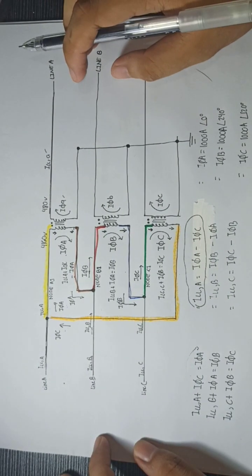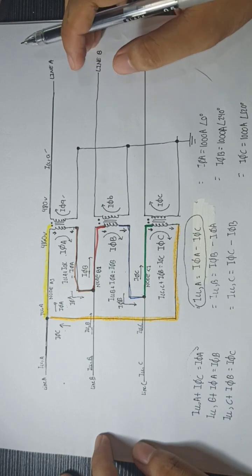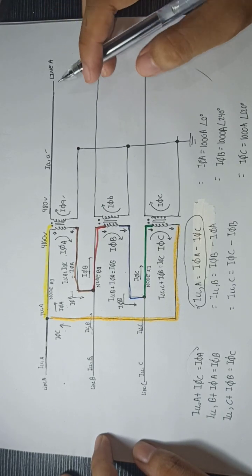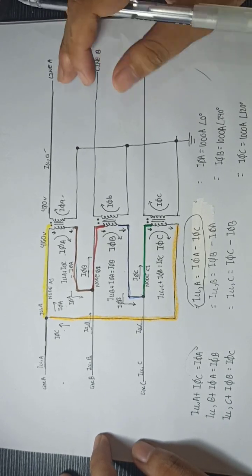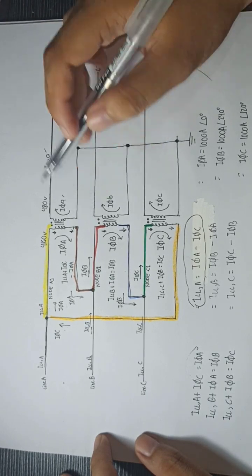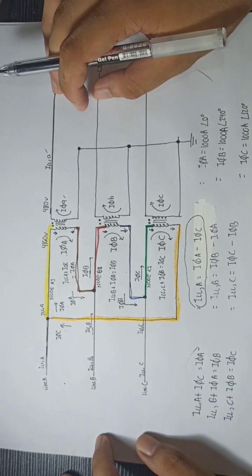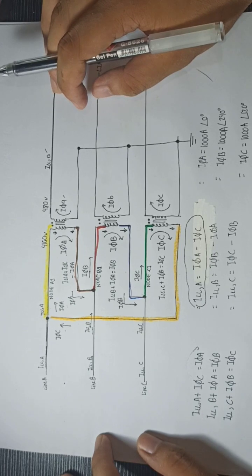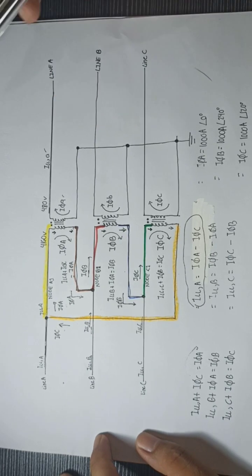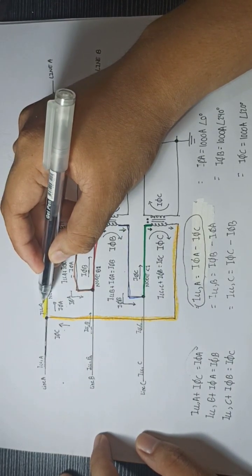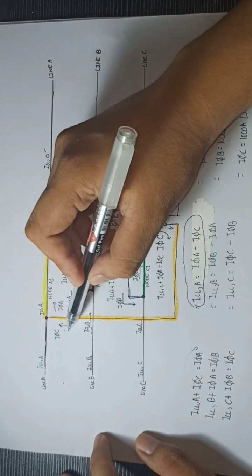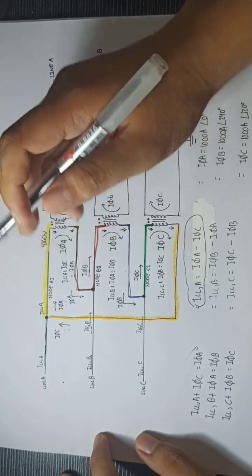So now we're going to draw these phasors. Remember, these phasors are just the currents that are flowing through the primary winding. Keep in mind that we're performing the phasor analysis because we want to relate this line current here with this phase current and this phase current.